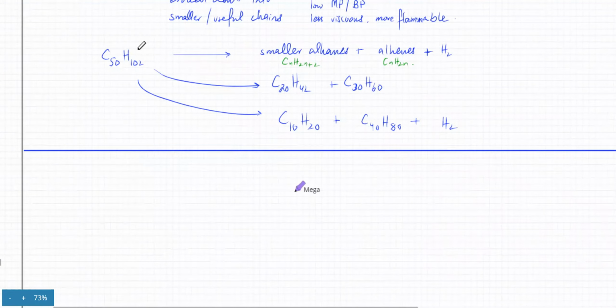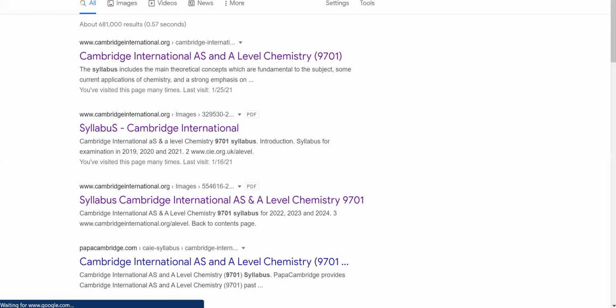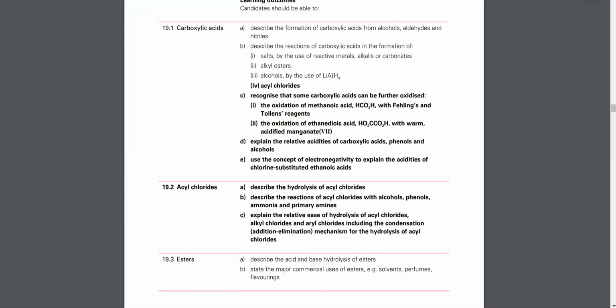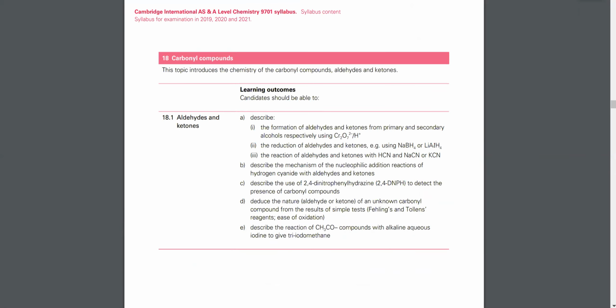So we're pretty much done with alkanes. I think I had a syllabus somewhere. Okay, this is the 2021, the latest syllabus.